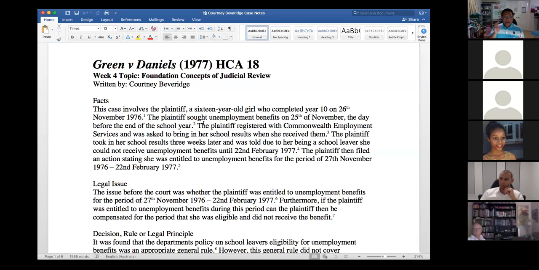However, the decision maker, the minister, I think, or the secretary of employment services, issued regulations that said that for a certain period of time immediately after the school term, students, the school leavers, were not entitled to unemployment benefits. So you see that there is a problem, because the regulations, in a sense, contradict that stated in a statute.